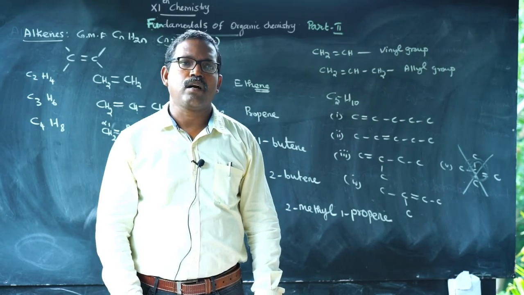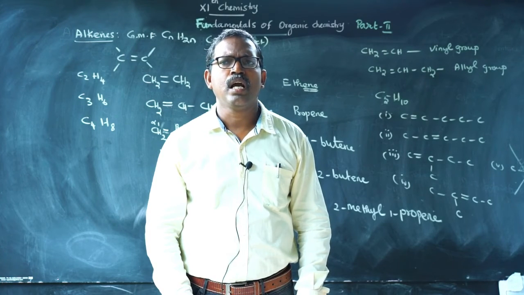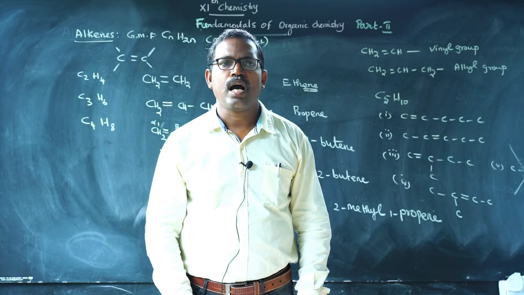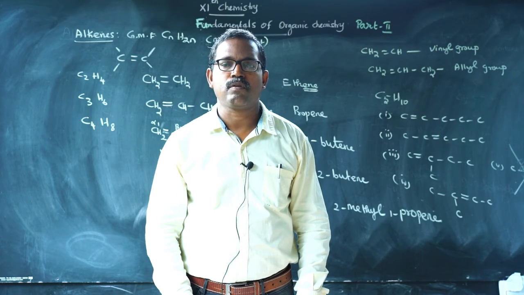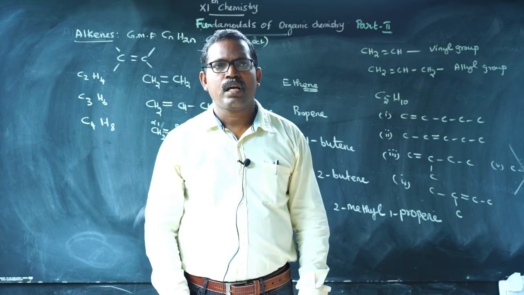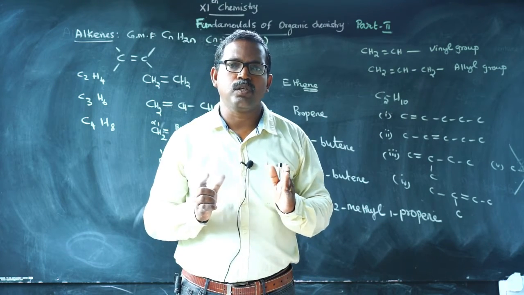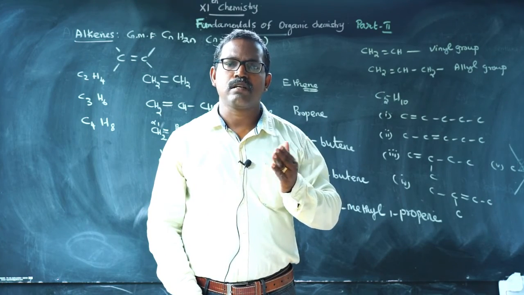For writing the common name or deriving the general molecular formula, first you must know the general formula: for alkanes CnH2n+2, for alkenes CnH2n, and all carbon compounds must satisfy the valency of 4. If a double bond is present between 2 carbon atoms, that is an alkene.